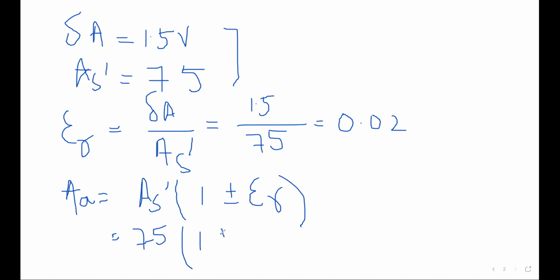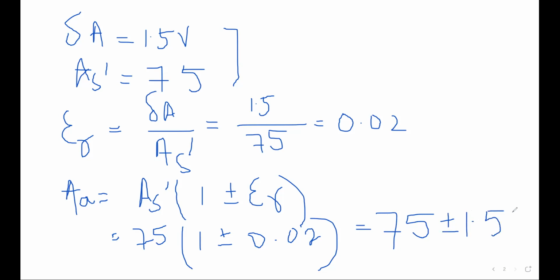So the limit will be 1 plus minus 0.02, because we know epsilon r is 0.02. After you put these values, tell me the limit we will be having. 75, something, plus minus 1.5 volt.